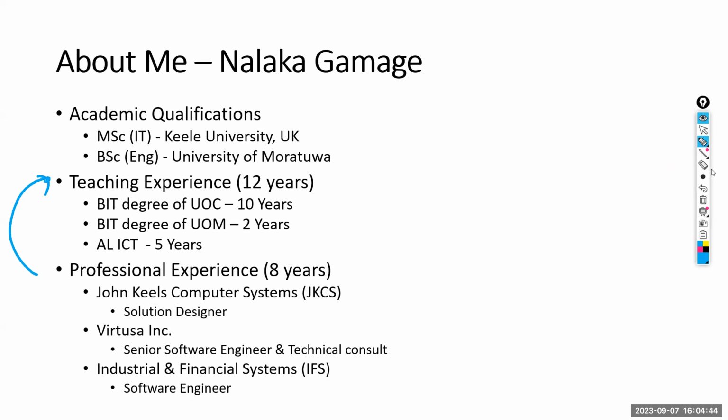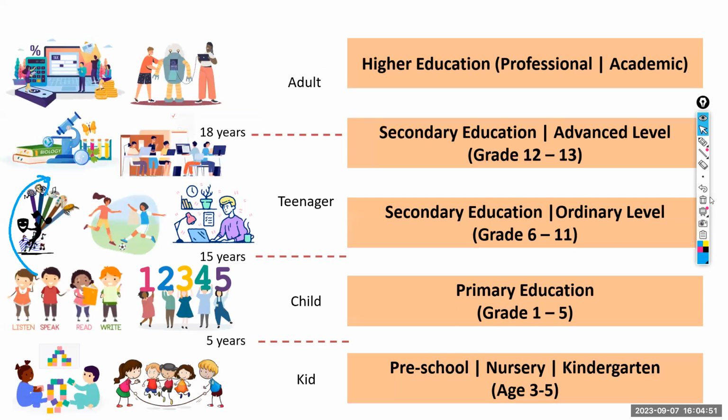Let's move on to the more important stuff, your course. Remember, you are now into the A level, or advanced level. You have passed your kindergarten, primary education, and secondary education.